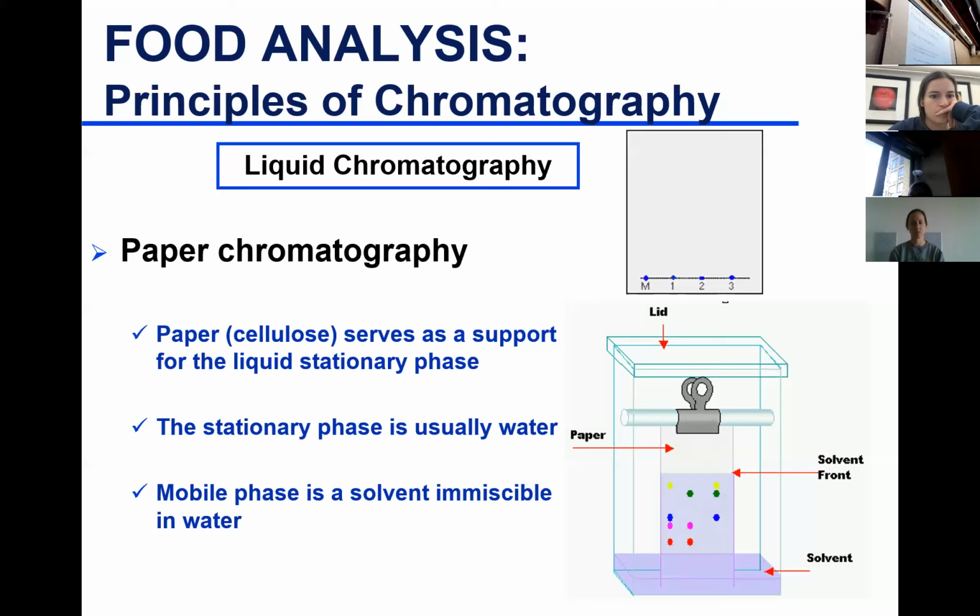Okay. And then you keep it in this chamber, so your paper is immersed at the bottom in that immiscible solvent, and you leave it there for a certain period of time, and then your different components move along with the solvent. So they go in ascending direction, and they go up, that is, and they start separating based on differences in their polarity.